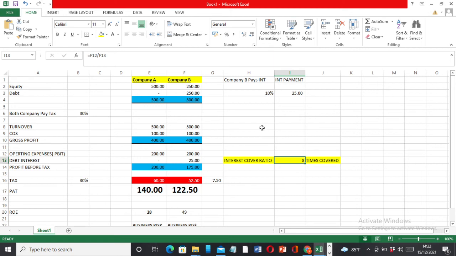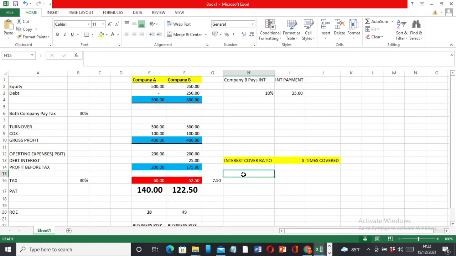I don't mind investing in company B if there is 8 times interest coverage. If something goes wrong, maybe one time the company can pay off the interest, so we still have 7 times more for the interest. So there's 8 times backup coverage. The interest coverage ratio tells us how many times the company can pay off the interest in the event of business risk or financial risk, right?